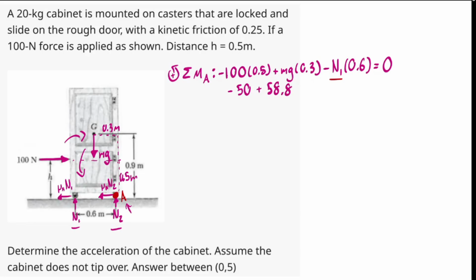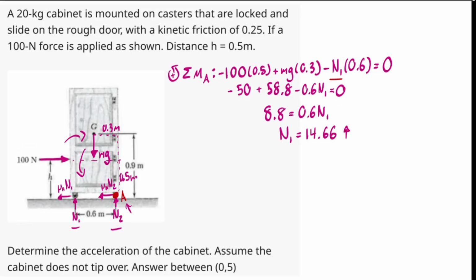And that's going to be minus 0.6 N1 equals 0. All right. So now we can move this 0.6 N1 over, right, just to solve our algebra. And we're going to get that 8.8 equals 0.6 N1. And we're going to get from that, that N1 is equal to 8.8 divided by 0.6, which is 14.66.